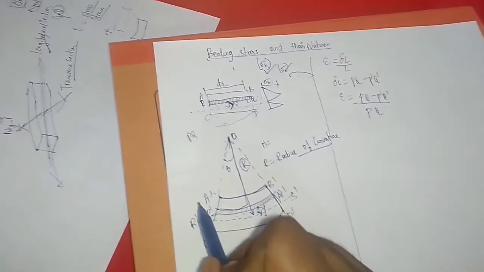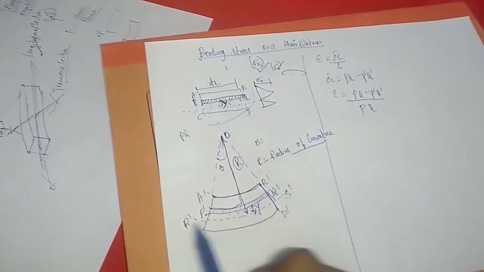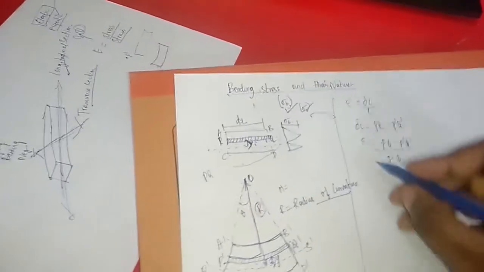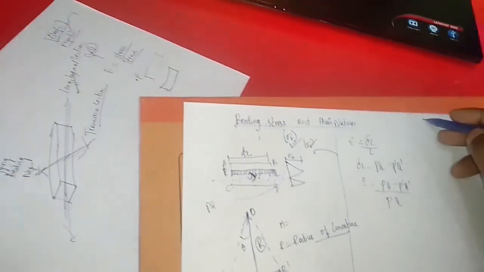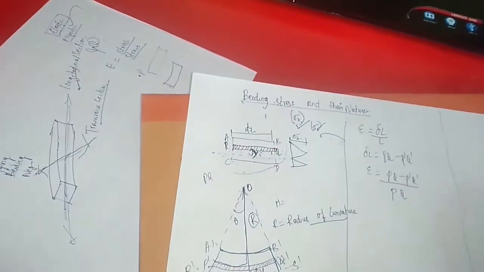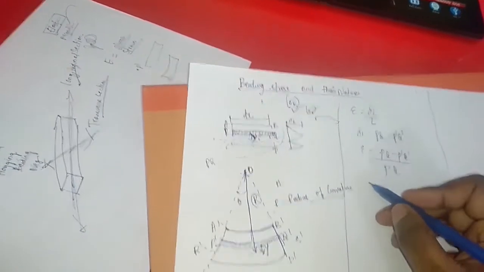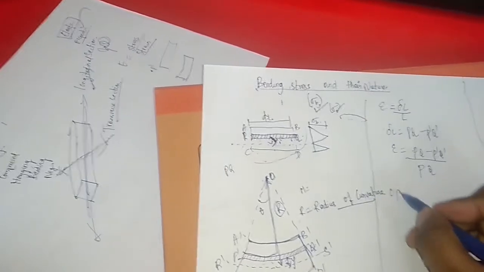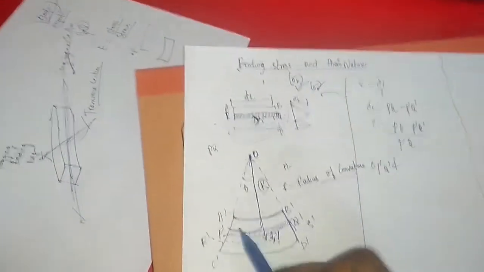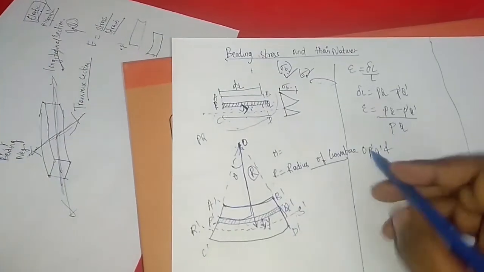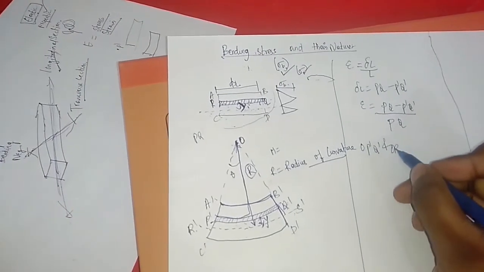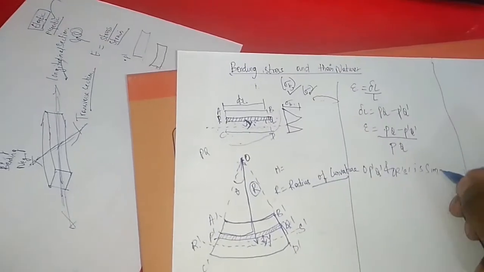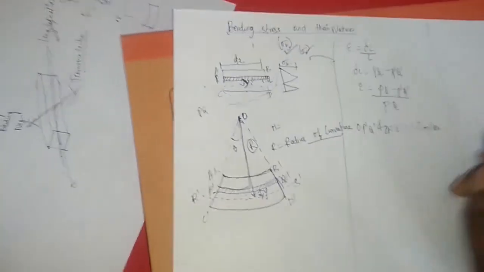So I will write it like this: O P' Q' and O R' S' are similar, according to your figure.